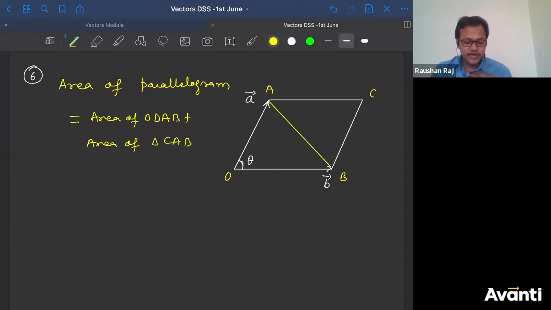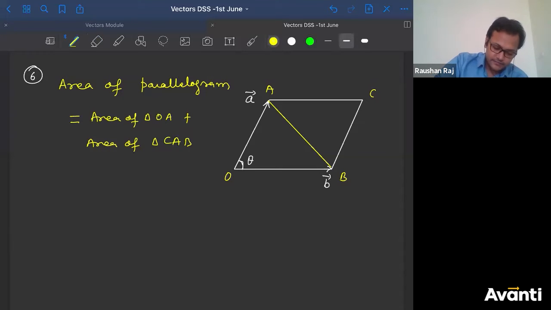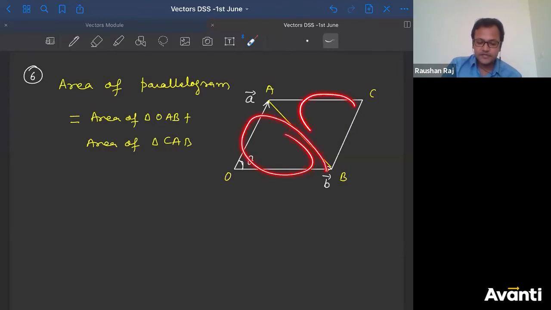Guys, click yes if you are getting this. What did I say? I can get this area of parallelogram by adding two areas. By getting this area and then by adding this area. So total area will be area of this triangle plus area of this triangle.